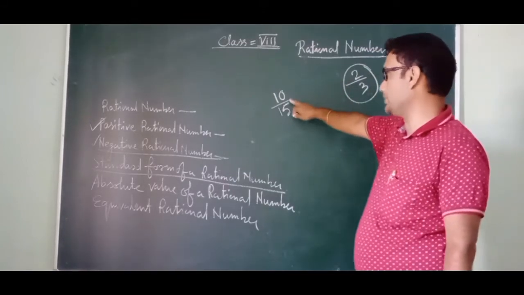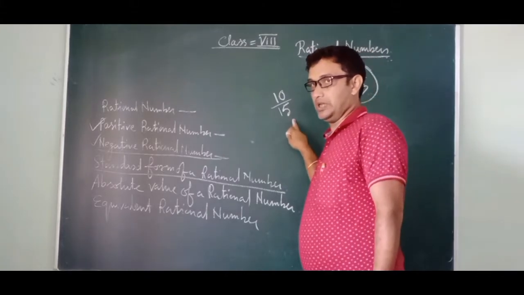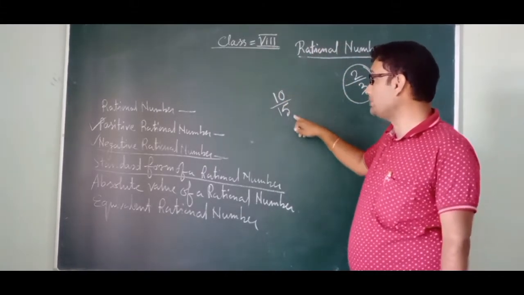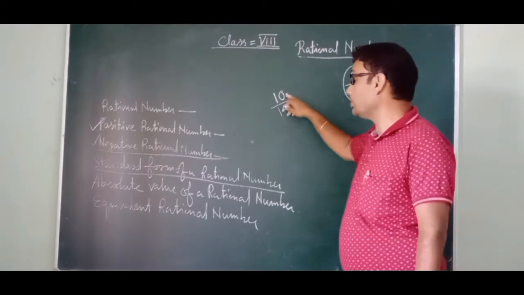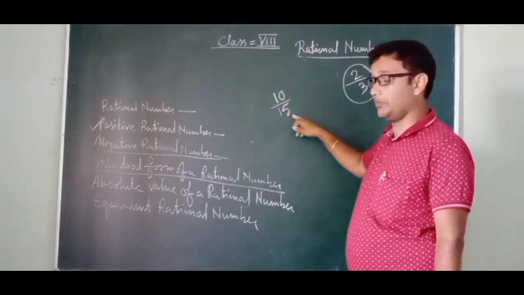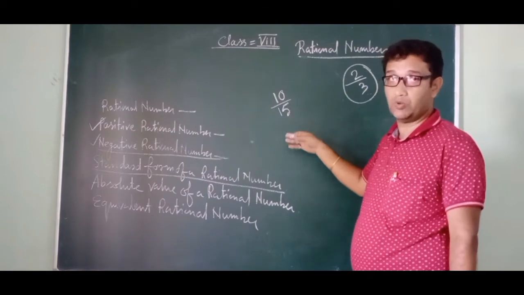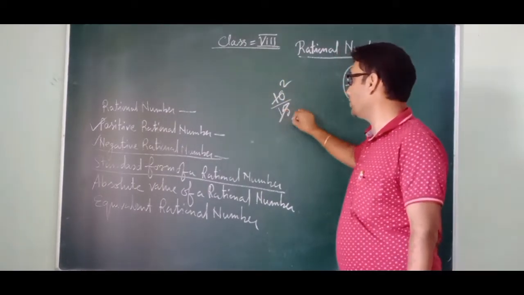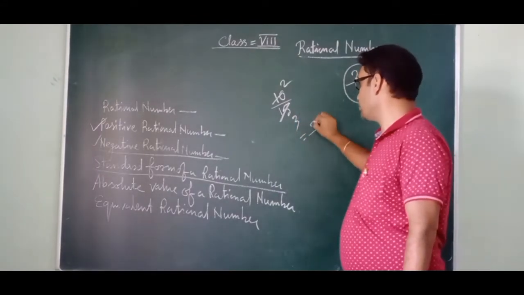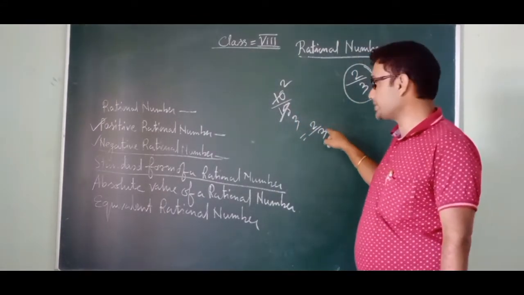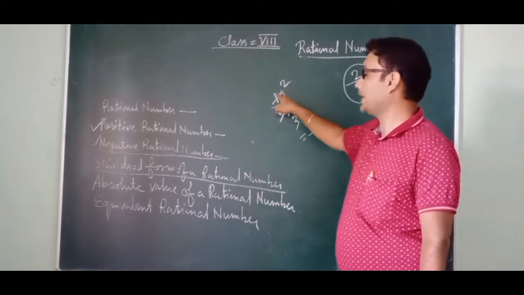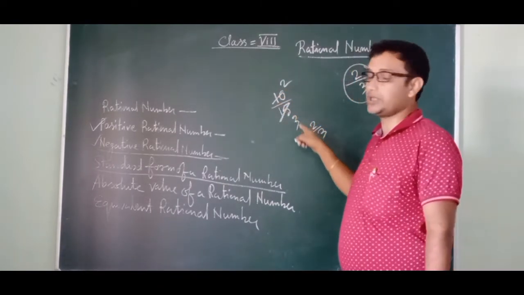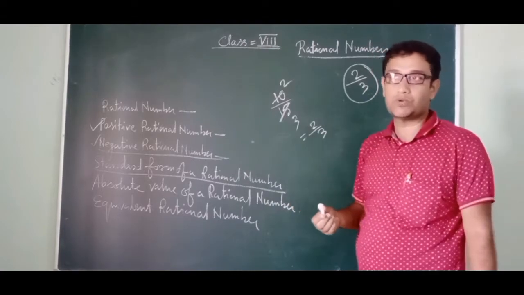But here you see 10 by 15. In 10 by 15, both the numerator value and denominator value we can reduce. So by 5 if we reduce, here we will get 2, here we will get 3. That means 2 by 3 is the standard form of 10 by 15, which means the reduced form.